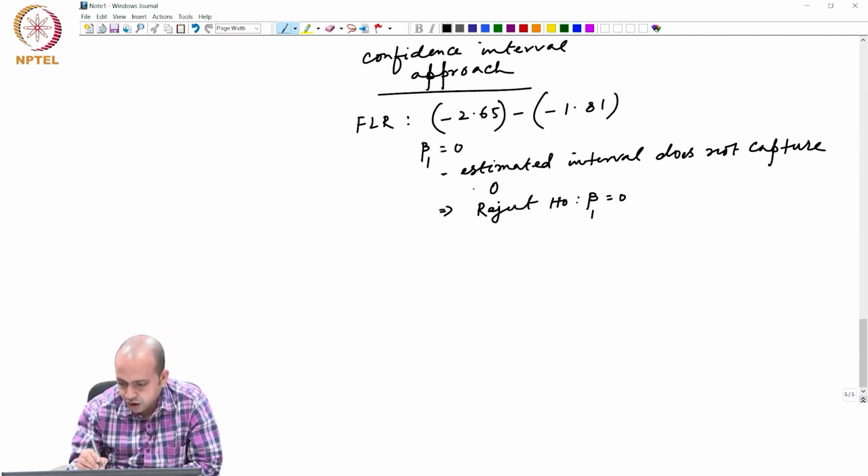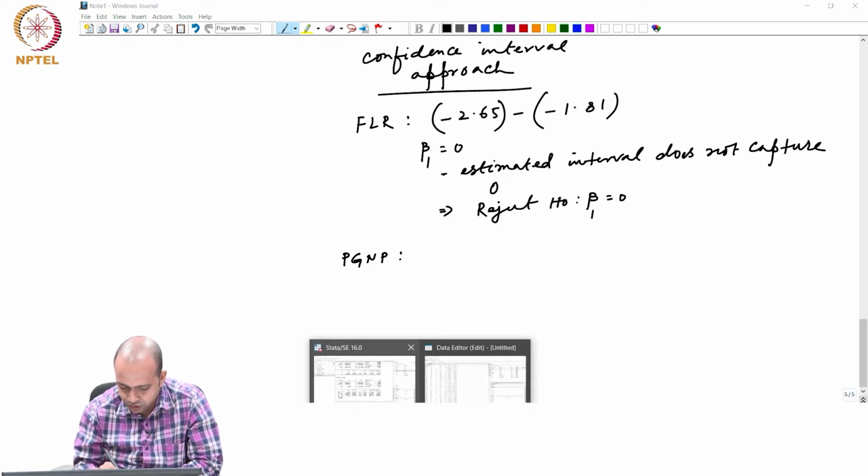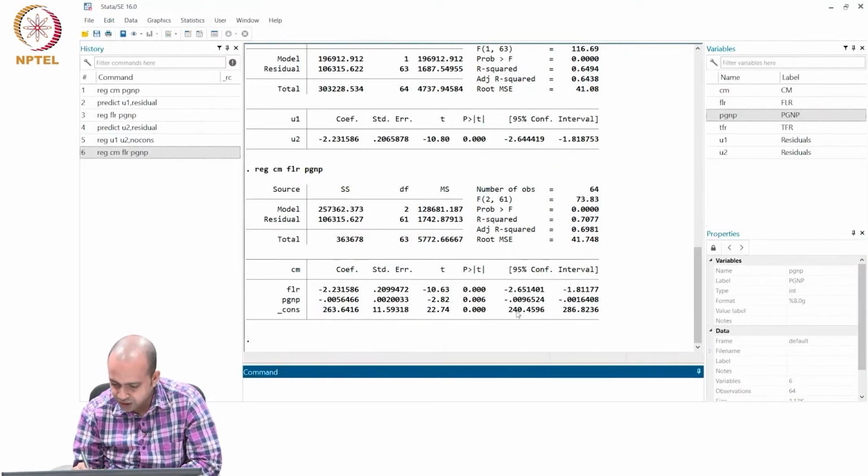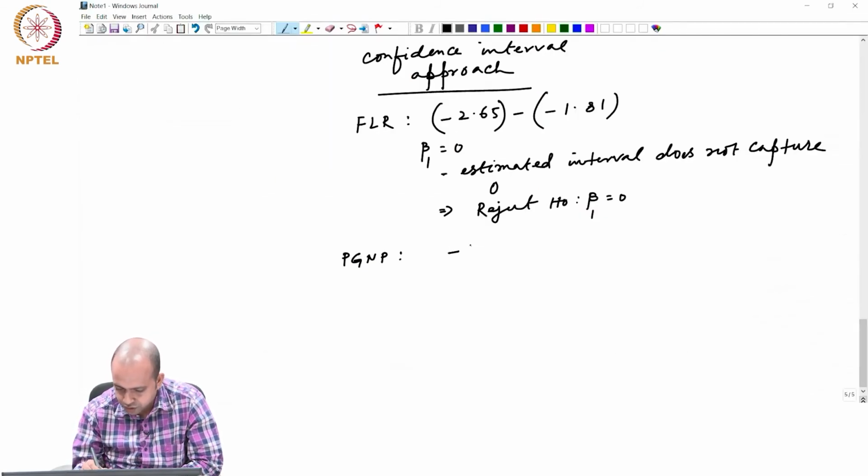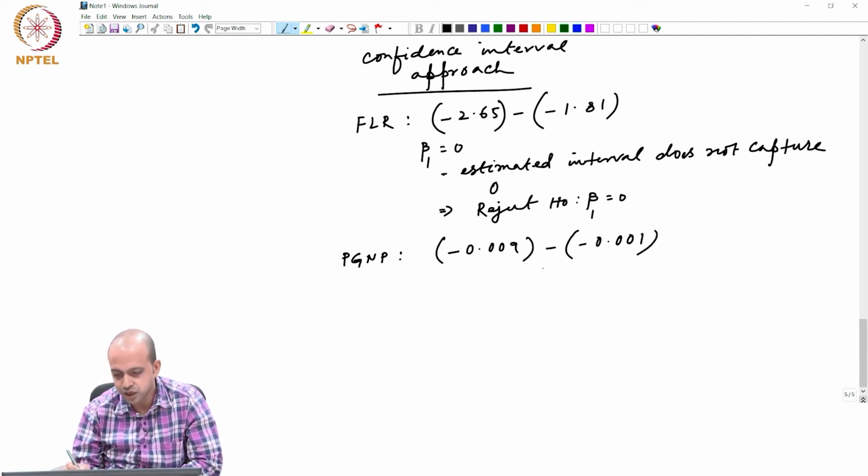Then what is the interval for PGNP? PGNP's interval is minus 0.009 to minus 0.001. This is the interval. Since both are negative, it does not capture 0.